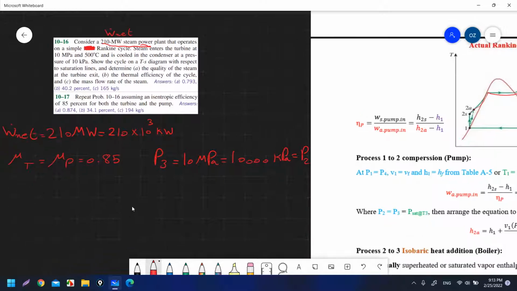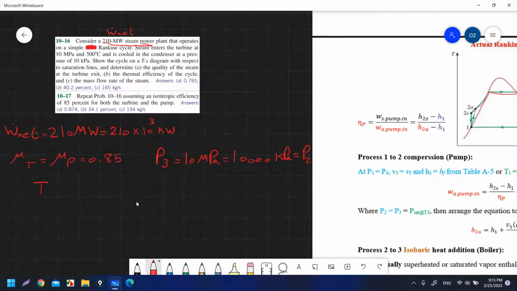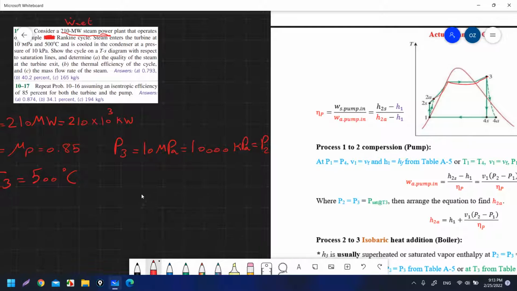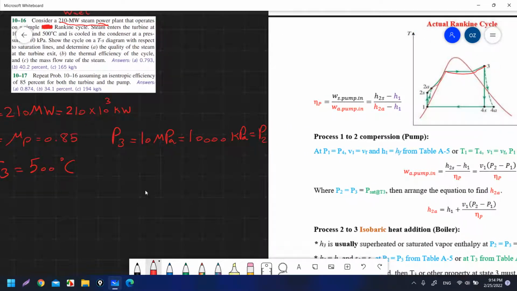And we have T3 equal to 500 degrees Celsius, and it is cooled in the condenser from this temperature T3 until state 4. The condenser is from 4 to 1, at a pressure of 10 kilopascal. So the condenser pressure is P1 equal to P4, and is equal to 10 kilopascal.